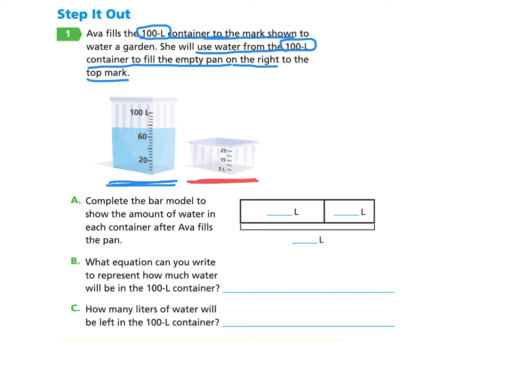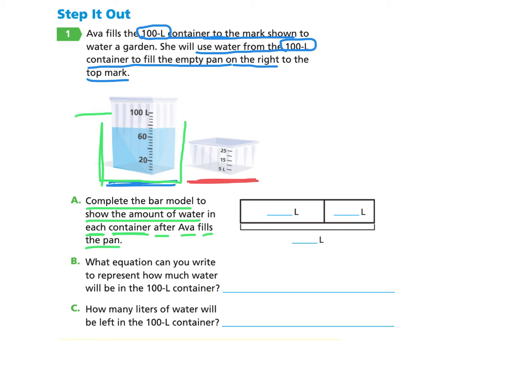Part A asks us to complete the bar model to show the amount of water in each container after Ava fills the pan. So what we want to do is take a look first to see how much water is in this container right here. So we're going to have to look at these markings.